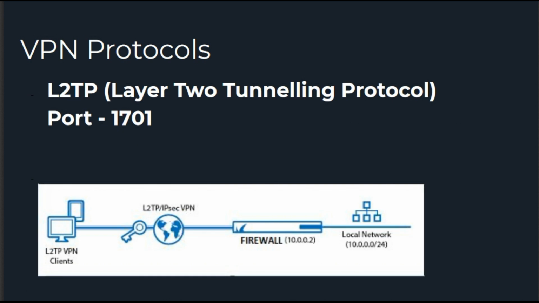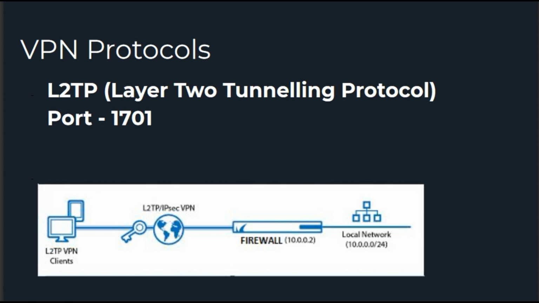The second protocol is L2TP, layer 2 tunneling protocol. It uses port number 1701. Layer 2 tunneling protocol is an extension of PPTP, as the name implies. It allows us to tunnel layer 2 traffic over a layer 3 connection. L2TP can be used if you need to bridge two remote LANs together and you want a single subnet on both sides.